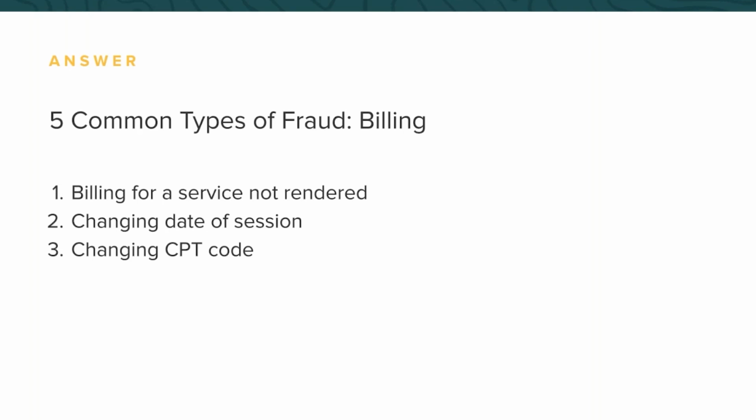You can't do that. You can't bill for a different CPT code. Vice versa, you can't bill for a couples therapy session when it was an individual one. So that is changing the code to make it seem like you provided a service that you didn't provide.